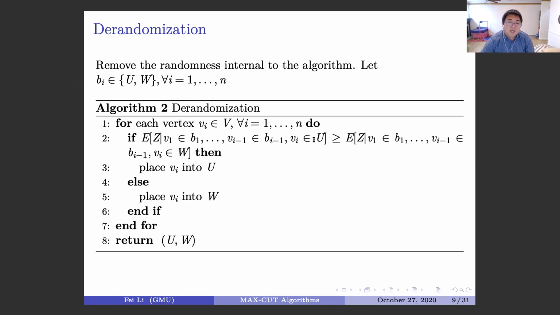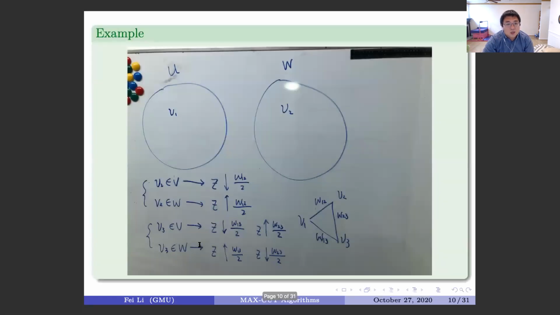If putting it into U is better than putting it into W, we put it in U, otherwise we put it into W, and then we still return the cut. This is the trivial de-randomization practice. Here is the pictorial illustration. Initially we put V1 into the U set.